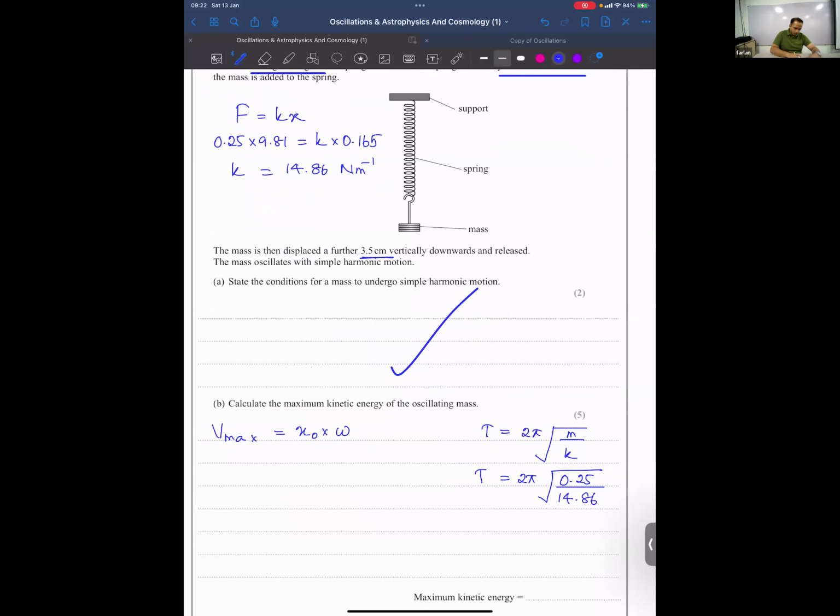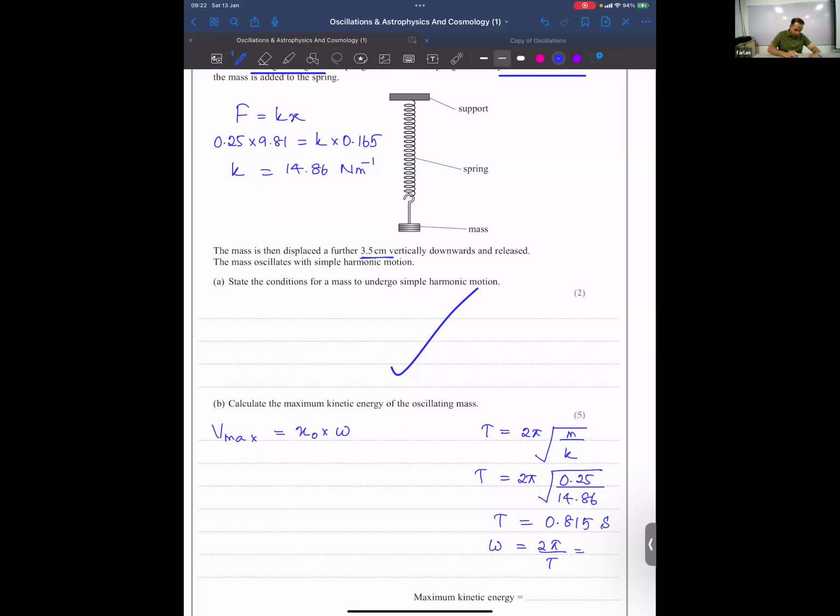So it's going to be 2 pi into square root of that, 0.815. That is the time period. So the omega is going to be 2 pi over T.